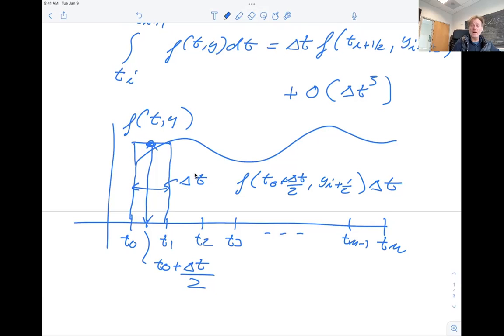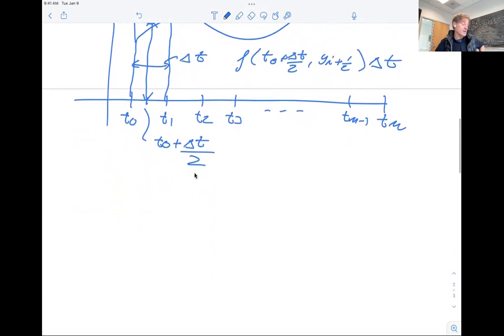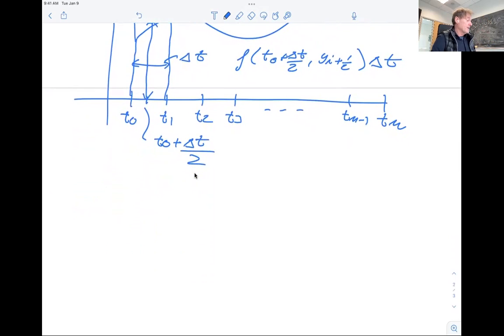Now, the interesting thing is that if we do this, we have a method which allows us to approximate the integral in a very efficient way. And it's going to give us an updated value for y_i at the next time step, which is given by y_i plus this delta t.